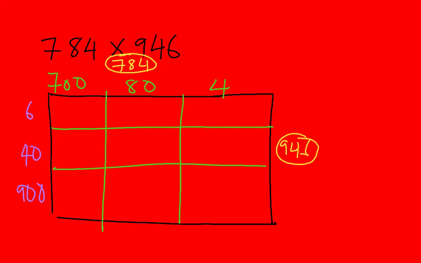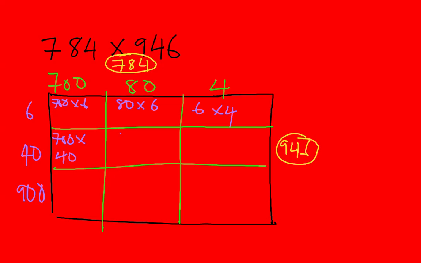Now let's go ahead and multiply. So the smaller rectangle here will have 700 times 6. Then I'll have 80 times 6. Then I'll have 6 times 4 right there. Then right here, I'm going to get 700 times 40.